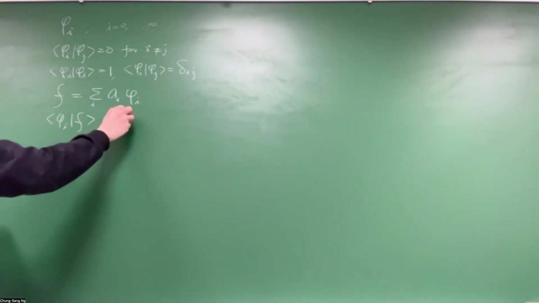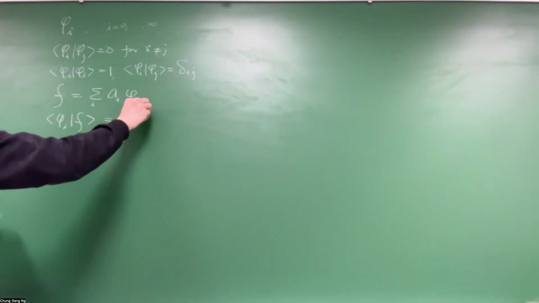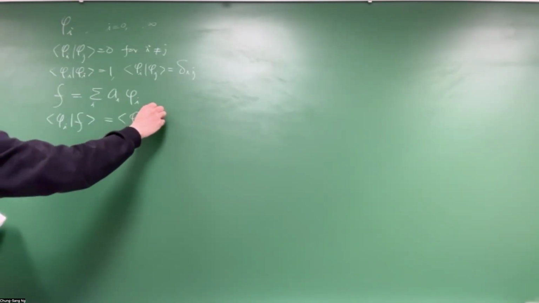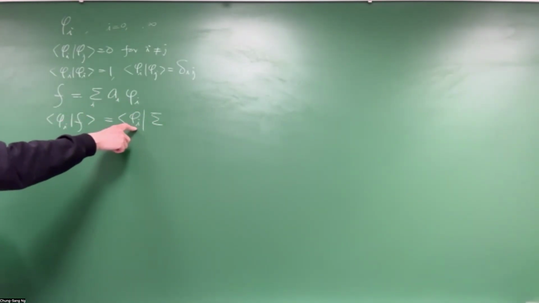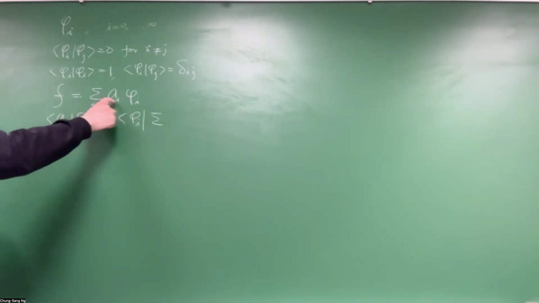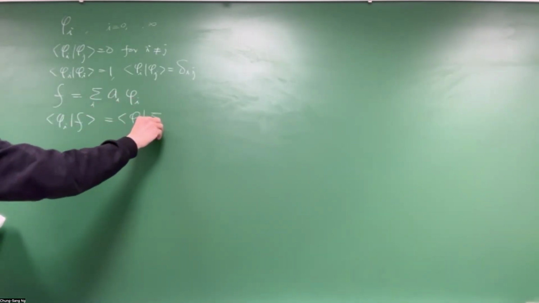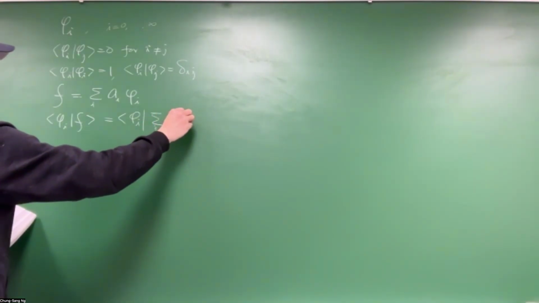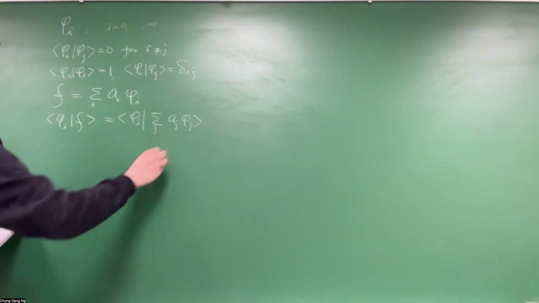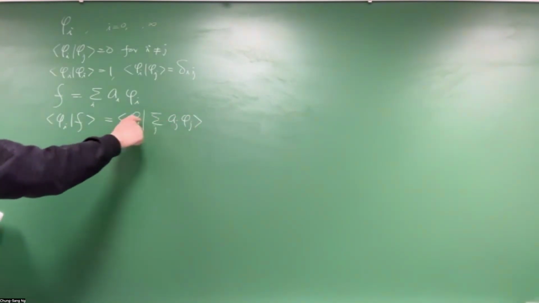Then you just substitute the expansion in here. When you put it in here, you don't use the same i. This is a dummy index for the summation, so you change that to j. And you take out all the coefficients.